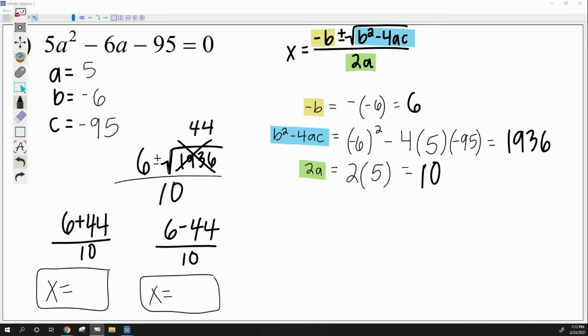When you add 6 plus 44, you get 50. 50 divided by 10 is what? So x equals 5. If you subtract, what are you going to get? Maybe positive or negative? So this will be negative 38 divided by 10, and what do you get?